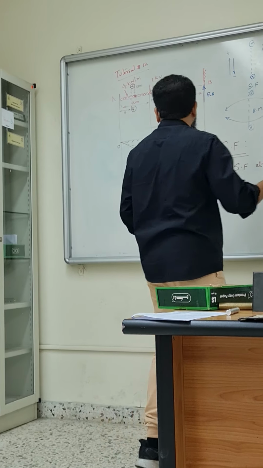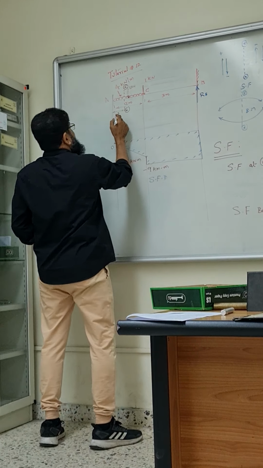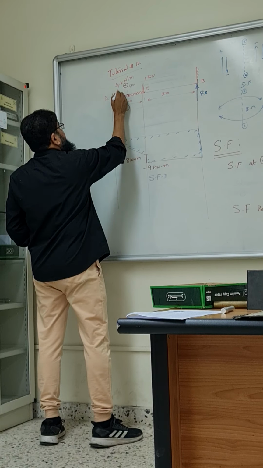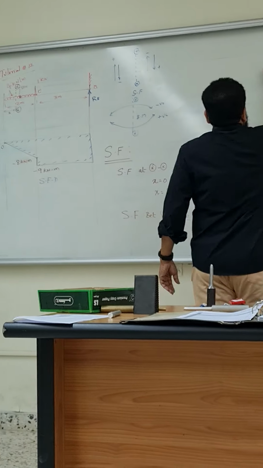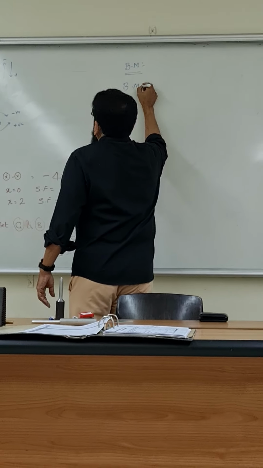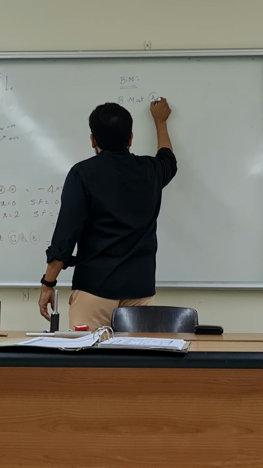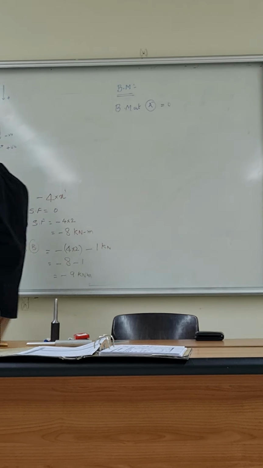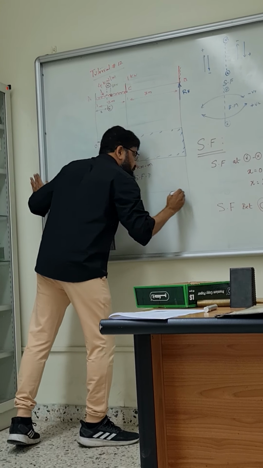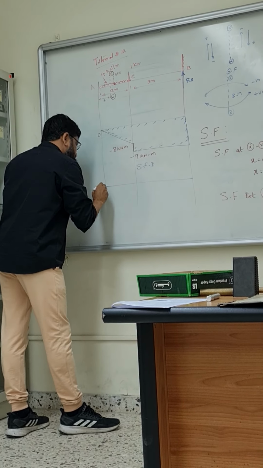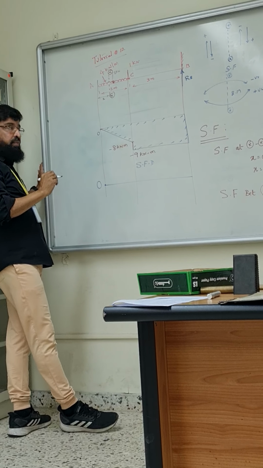So what I will do now, this plane is there, this is acting here, this is supposed to be through the middle point, is it? So bending moment at A is equal to 0 anyway. So let me just come down here. This is 0, okay.